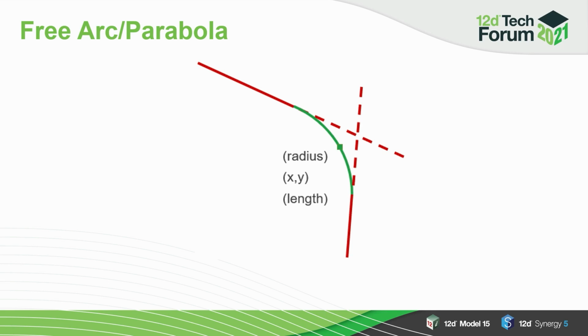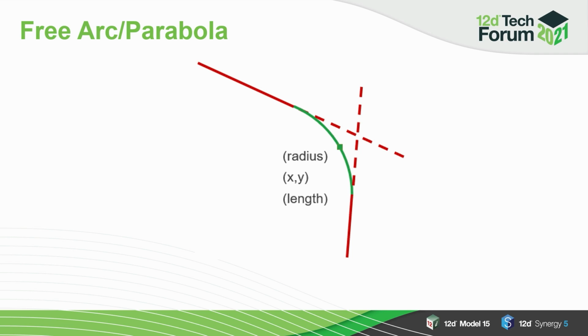And we need to specify either the radius of the curve or a point to pass through, and 12D will work out the radius, or an arc length, and again 12D will work out the radius for us. So for a lot of common geometry, you'll find that the fixed line and the free arc element parts are enough to get you through.